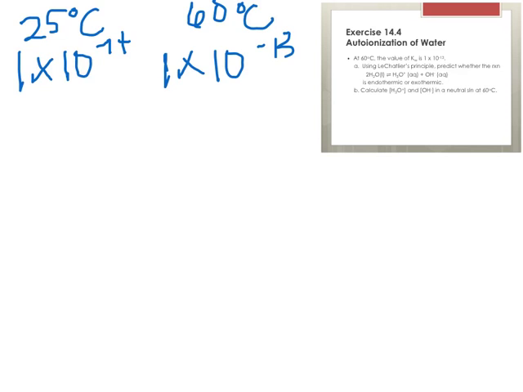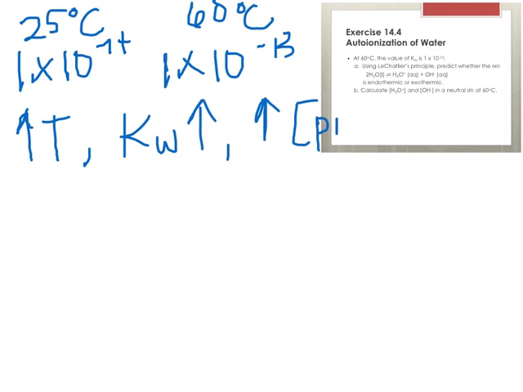You should be able to see as the temperature increased, Kw also increased. And we know that if Kw increased, then the concentration of products had to increase, okay? So that was an increase in the concentration of products, which are hydronium and hydroxide in this case. Okay, so there's an increase in concentration of the products.